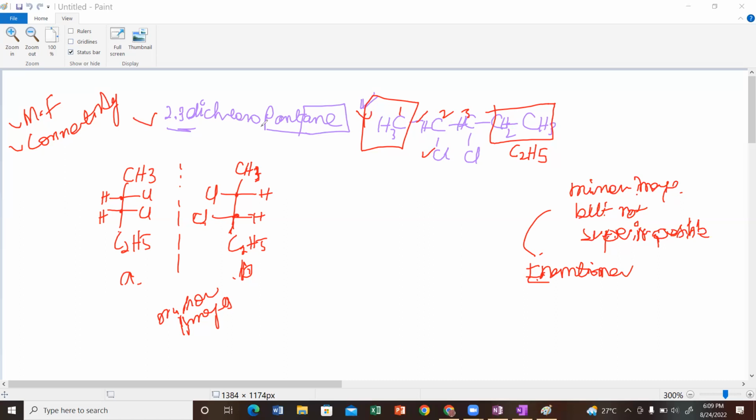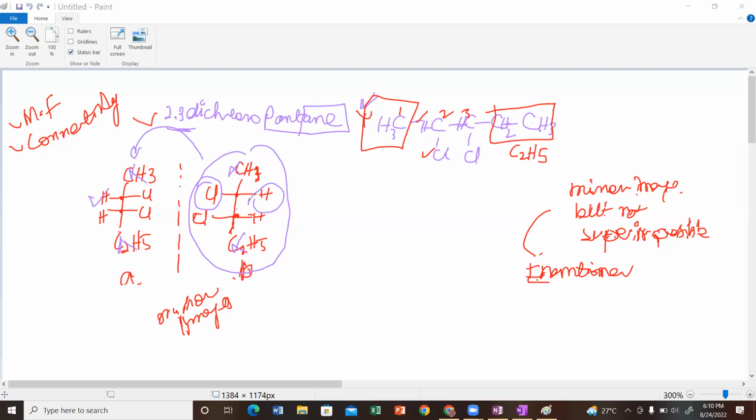If I take structure B and keep it on structure A, if I hold this molecule completely and place it over this molecule, CH3 will cross CH3, C2H5 will cross C2H5, but this chlorine, being bulky in nature, cannot hide.